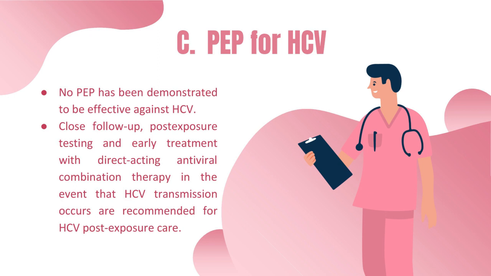PEP for hepatitis C virus. No post-exposure prophylaxis has been demonstrated to be effective against HCV. Also, the marked genetic diversity and multiple mechanisms of persistence of HCV, combined with the relatively poor immune response of the infected host against the virus, are major barriers to development of a vaccine.